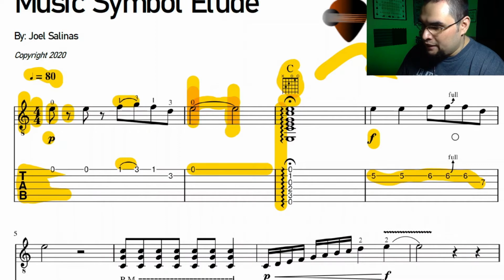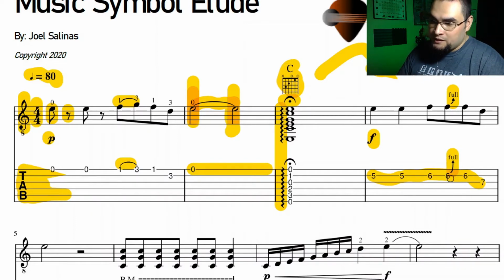In this measure, what we've got is this word full, and you have this little arrow pointing up. That's a bend. That means you're going to go to the 6th fret, using whatever finger is recommended. In this case, I didn't put a finger recommendation there. You're going to bend that note up to the next note.